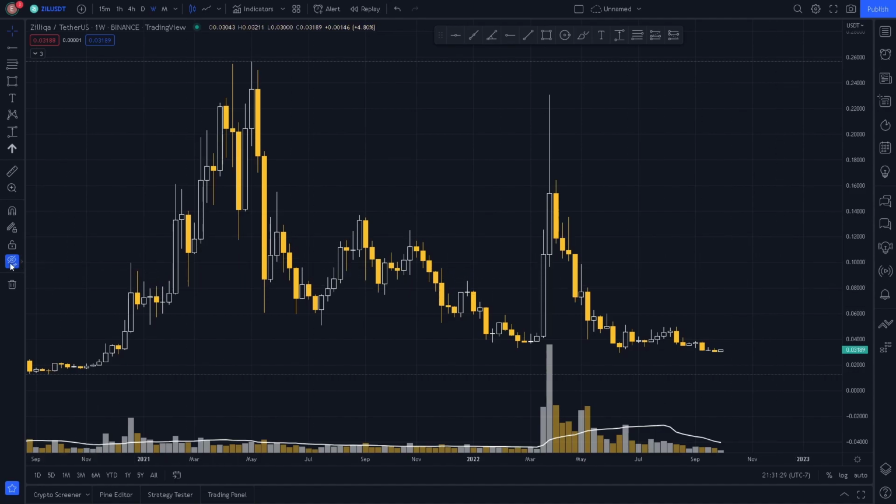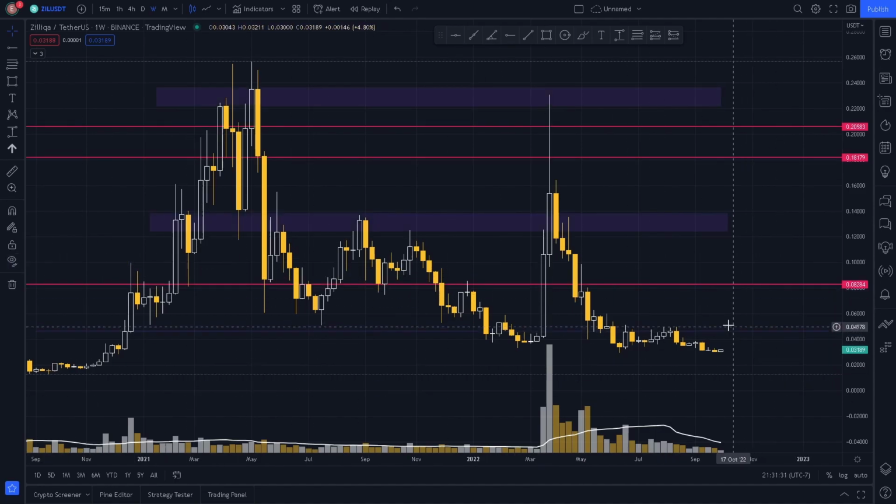But since we plotted our key levels, now we have areas where we can expect a reaction from price. So as price comes up, we can expect a reaction here, here, here, here, here, and here. Multiple key levels where a reaction can and may occur.